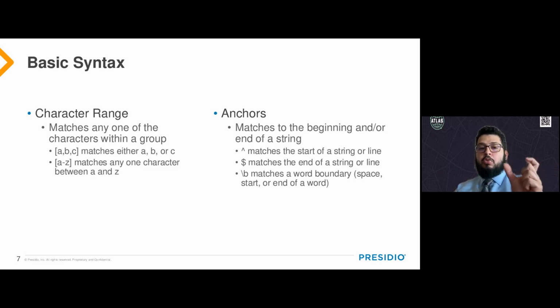So you can use character ranges to cover all those options without necessarily going with something as broad as just a word character, a \W, right? And you can cover ranges as well. So if I go from A to Z, it'll match any character in the alphabet from A to Z, right?